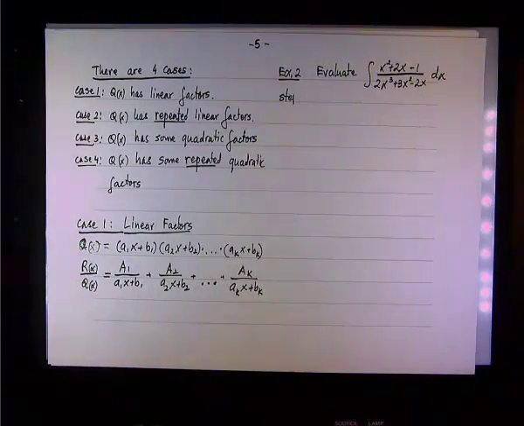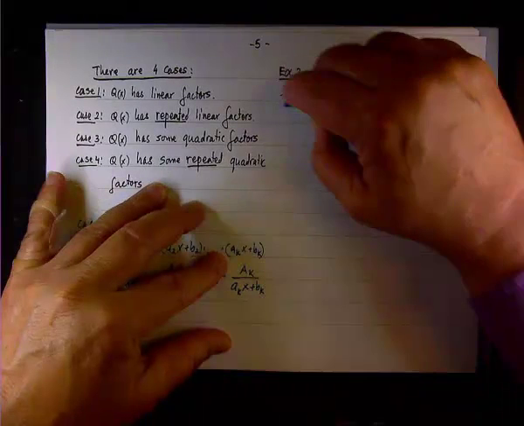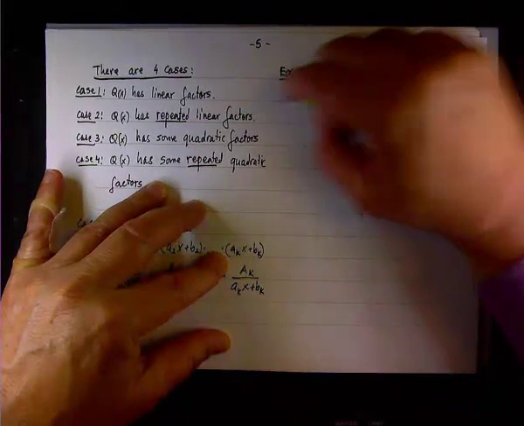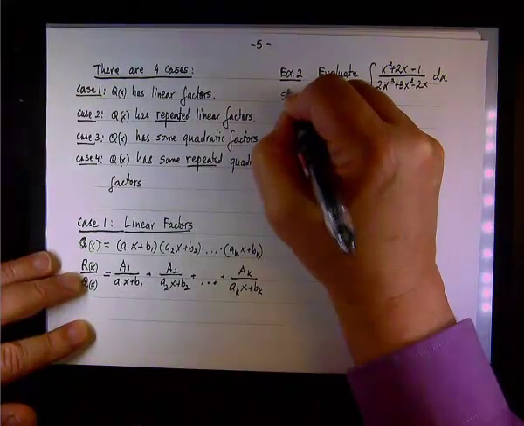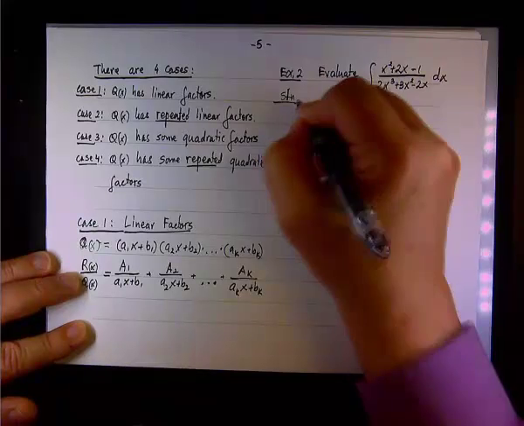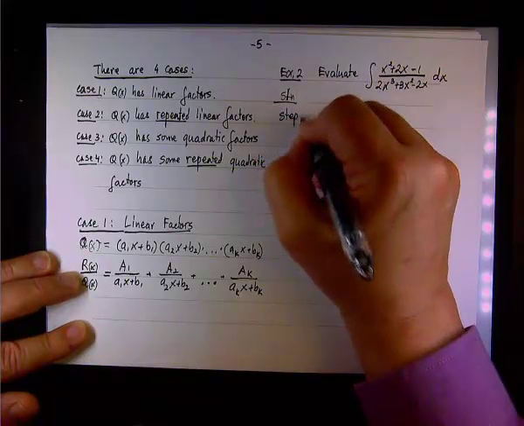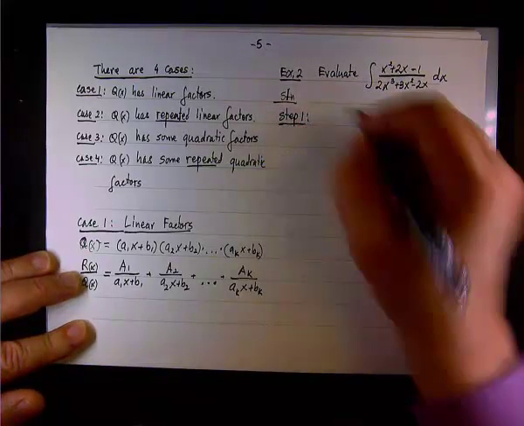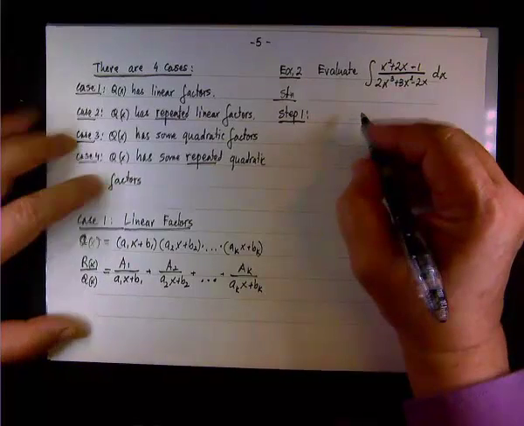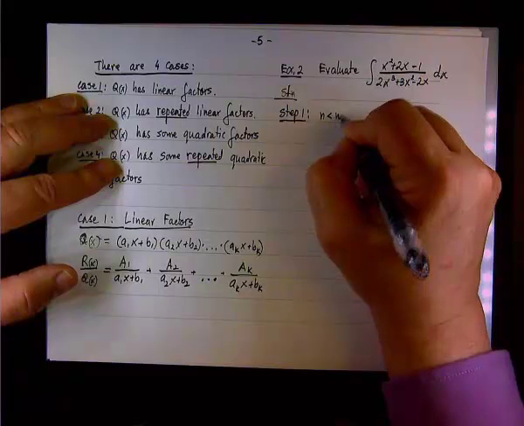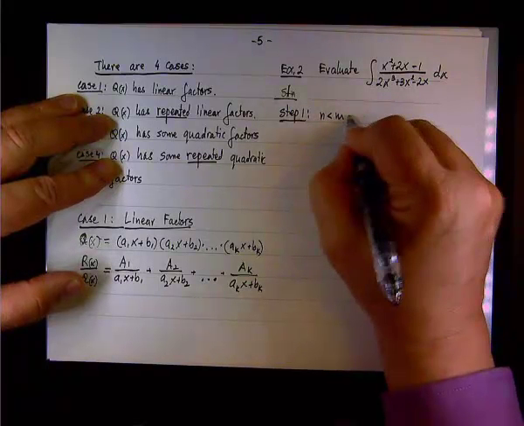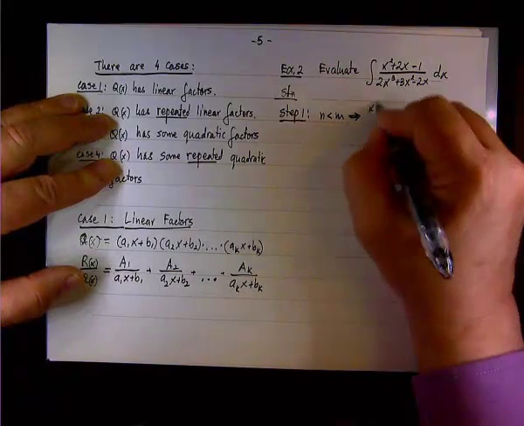Okay. So as far as step 1 is concerned, sorry, let's write the solution here first. So what is the solution? Go through the steps. Step 1, we need to verify that this is a proper rational function, and it is correct.